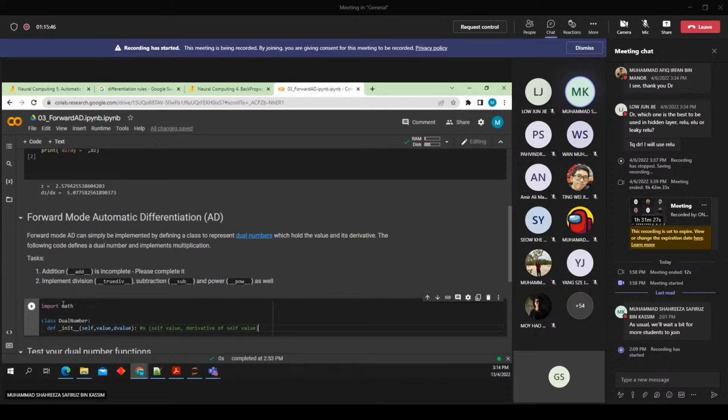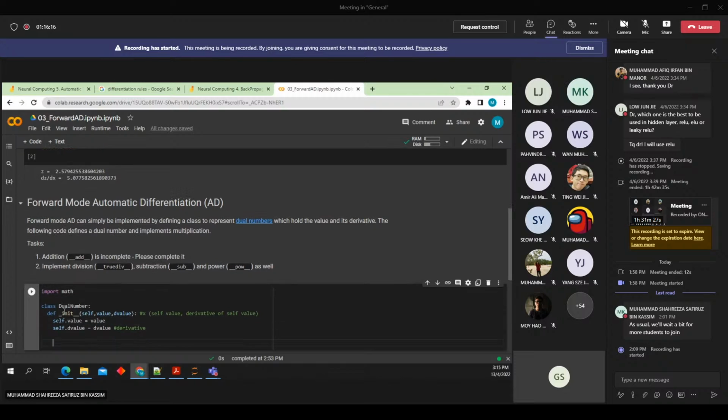Because you just want to have one variable, one class, that stores both values. So you have self value equals value, and then you have self d value equals d value. So this is your derivative.